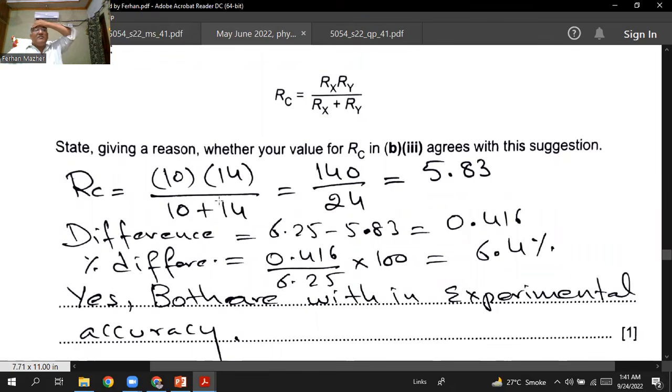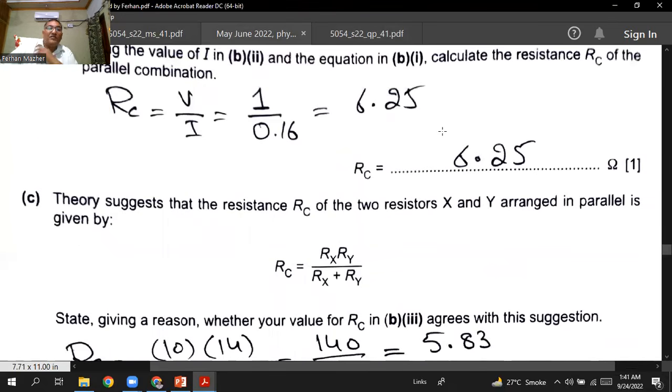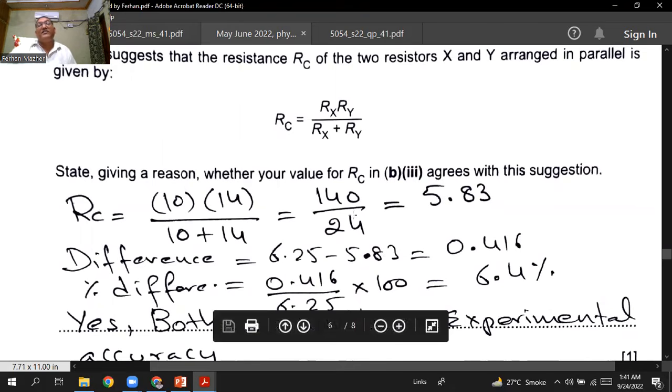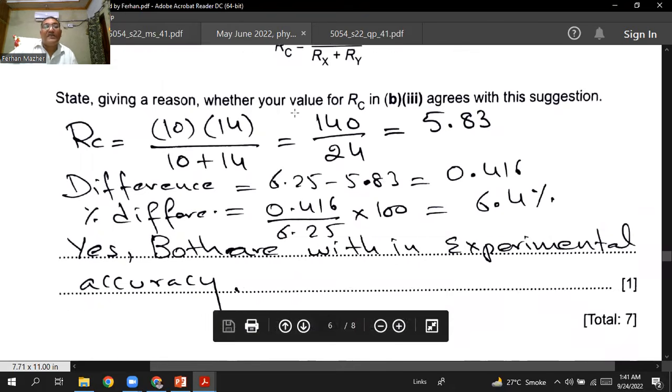Rx is 10, Ry is 14. So 10 plus 14 in the denominator, so you will have 140 divided by 24. So that's 5.8. The RC value through the experiment is 6.25, and by the theory the value is 5.83. So if you check the difference between them, that is 0.416.